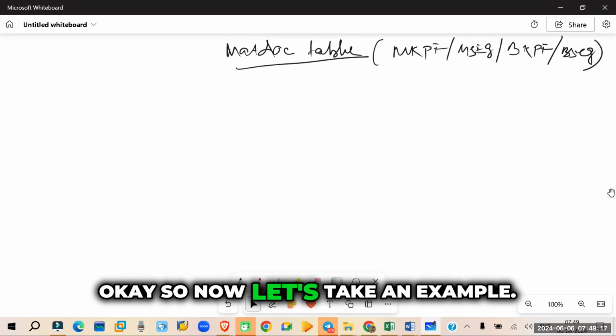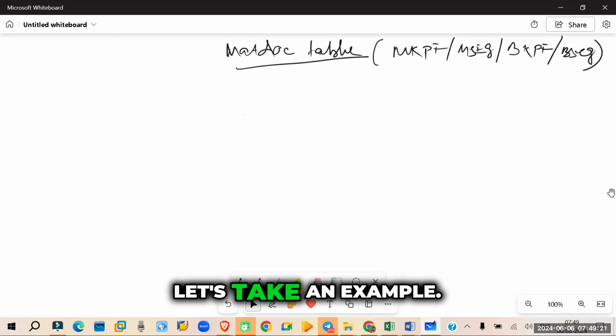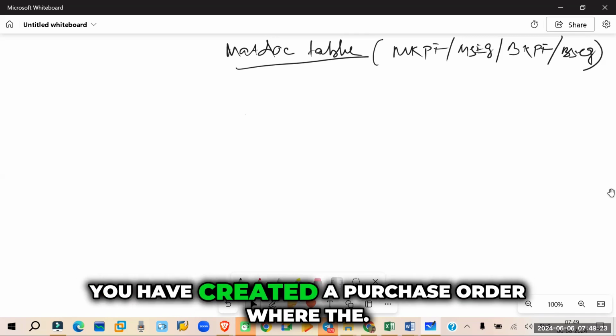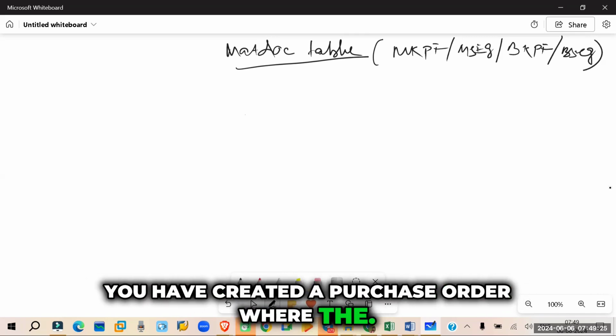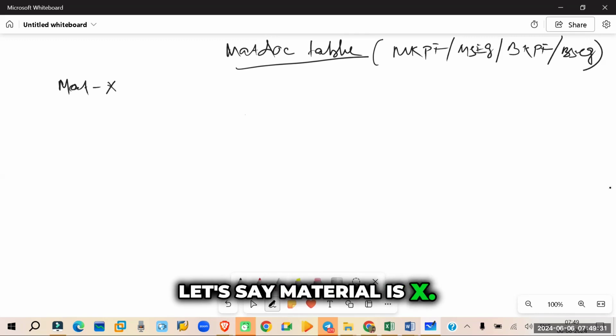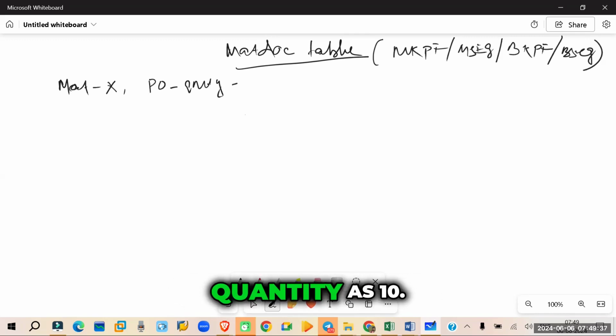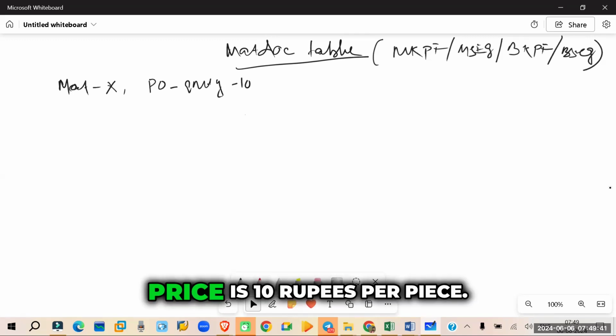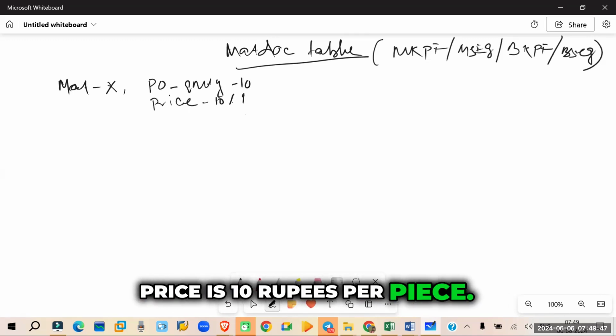Okay, so now let's take an example. You have created a purchase order where, let's say, the material is X. In the PO you have a quantity of 10 pieces, and the price is 10 rupees per piece.